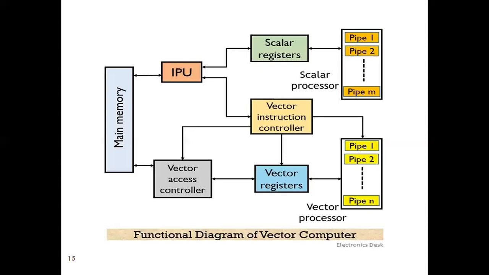These subvectors are fed to the vector processor, which makes use of several pipelines in order to execute the instruction over the operands fetched from the memory at the same time. The various vector instructions are scheduled by the vector instruction controller.